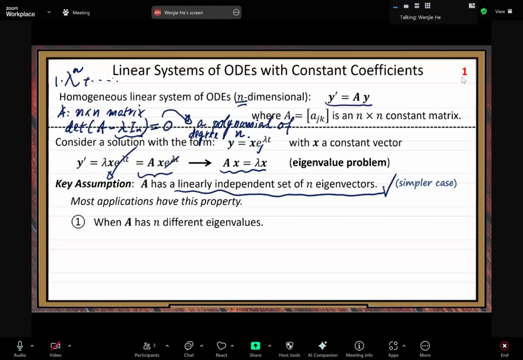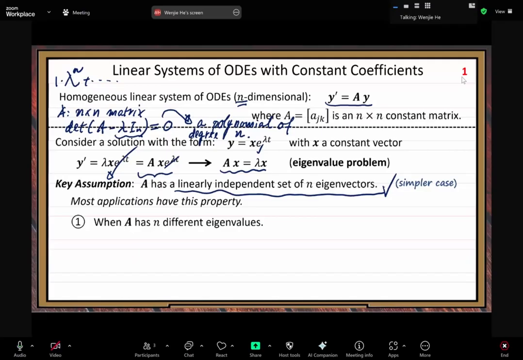So, the genius mathematician Gauss, right? Gauss gave a proof. Fundamental theorem of algebra says this polynomial always has n roots, the same number as the degree, n roots.